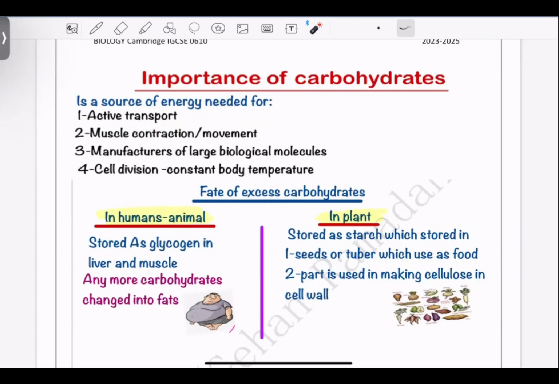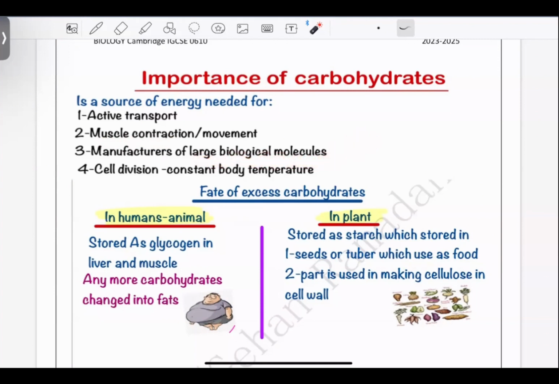We need this energy for active transport to change the shape of the protein carrier, as we took in chapter 3, moving molecules in and out. And also this energy is needed for muscle contractions, manufacturing large biological molecules, and cell divisions.